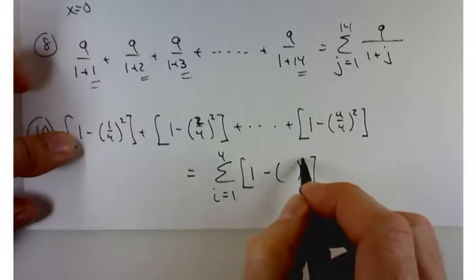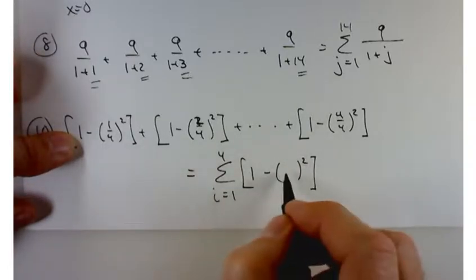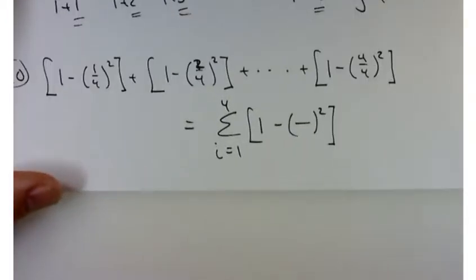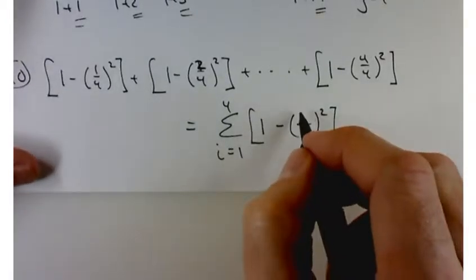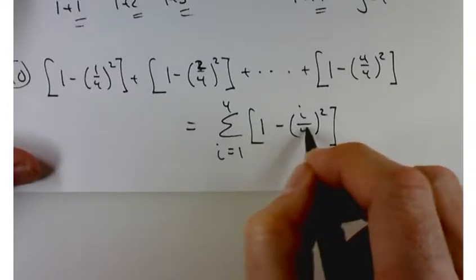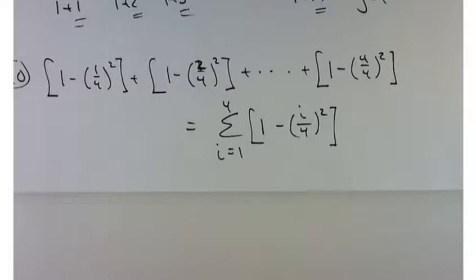And then we're going to have something squared. What should I put on the inside here? What am I going to square? I over 4. So, great. We've written it using summation notation. We're looking okay with that one.